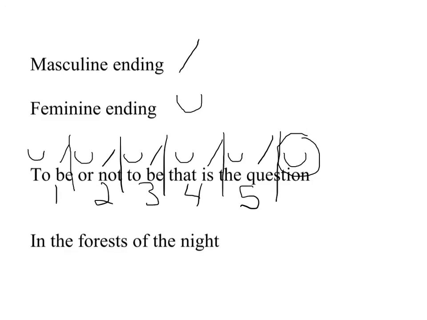And you can't count one alone because it's not technically an iamb. So it's iambic pentameter, but it has a feminine ending. So we would say iambic pentameter with a feminine ending.